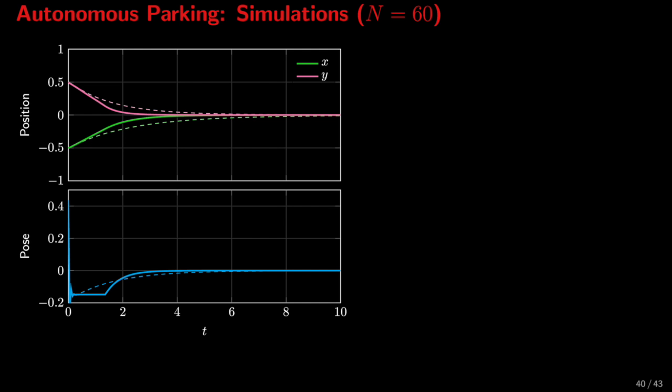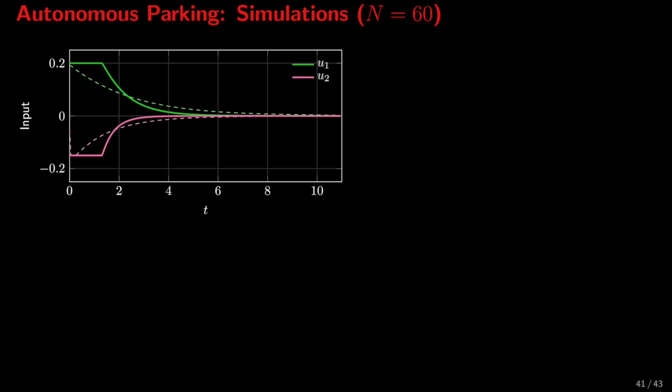In this simulation, the dashed line shows the previous simulation, and the solid lines show the simulations with the modified matrix Q. We can easily tell that the position converges faster towards 0. Both the position and the pose satisfy the constraints that we have imposed. Same goes for the input, which also satisfies the constraints.